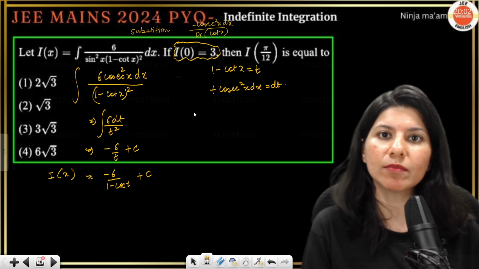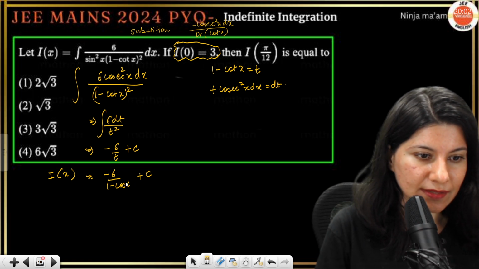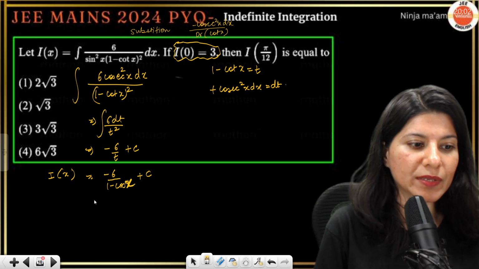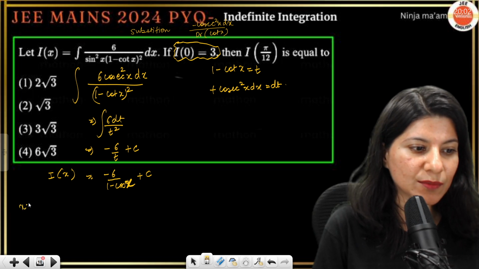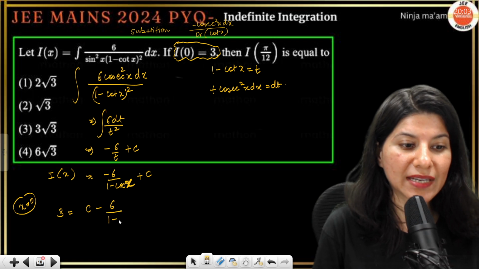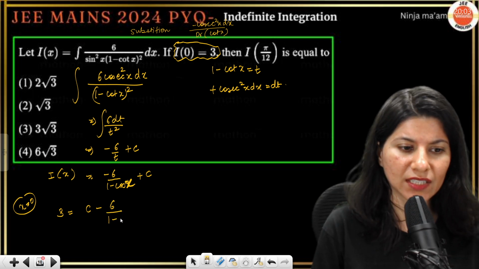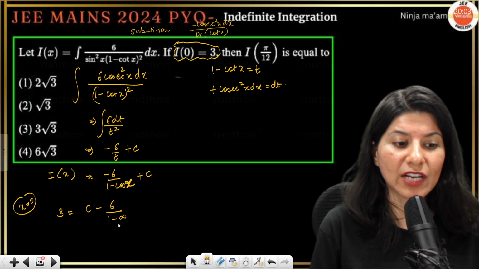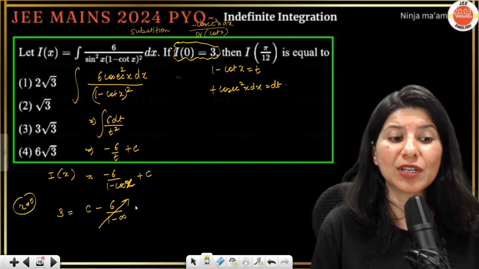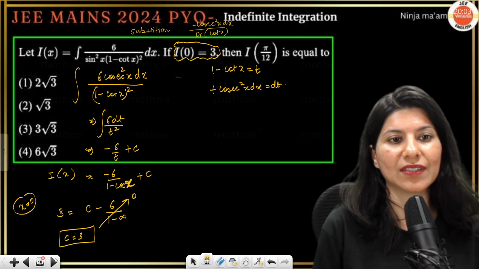Put x equals 0, so I of 0 is 3. This is going to be c minus 6 upon 1 minus cot 0. Cot 0 is not defined, so 6 upon not defined is 0. So that's why c is coming out as 3.